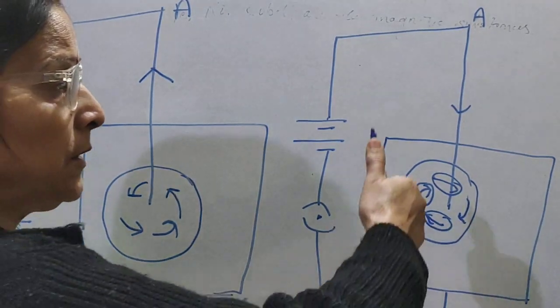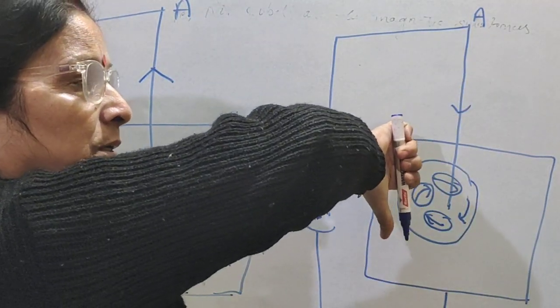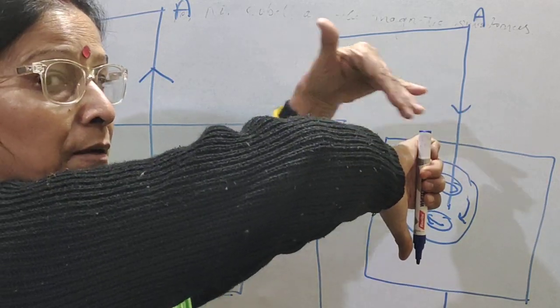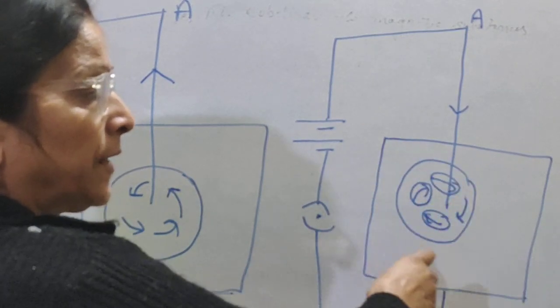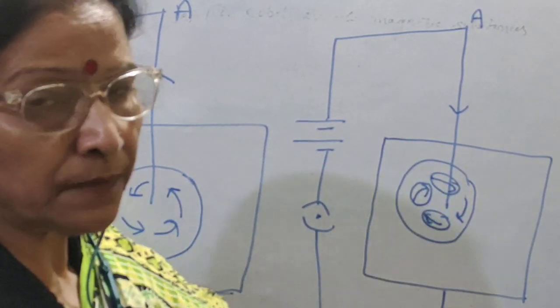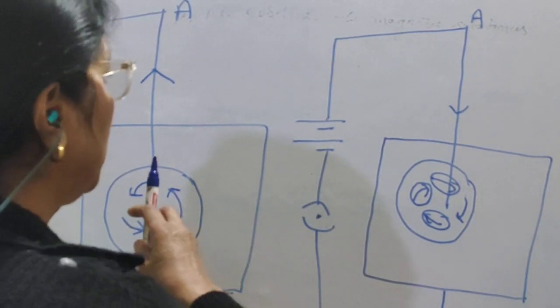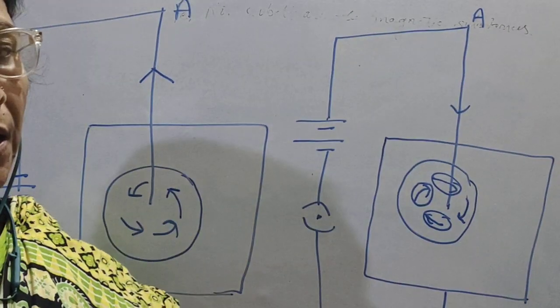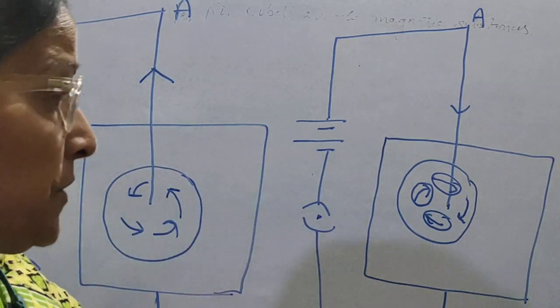So in the first activity, current is flowing in downward direction, and wrapped fingers are in clockwise direction. So the direction of magnetic line of force around this conductor will be clockwise, and in this second activity, the direction of magnetic line of force will be anti-clockwise.